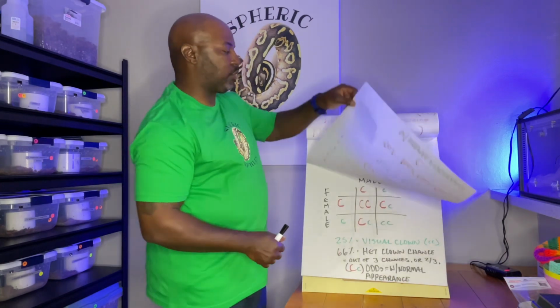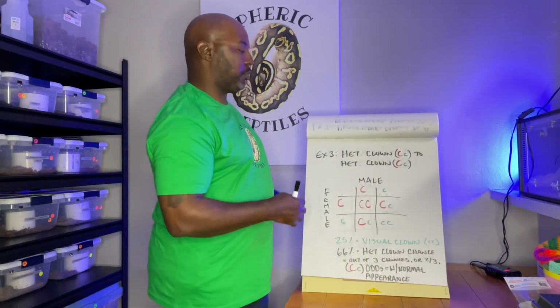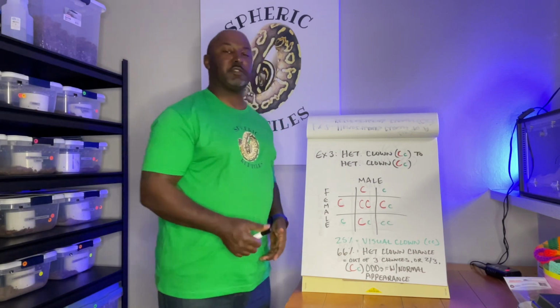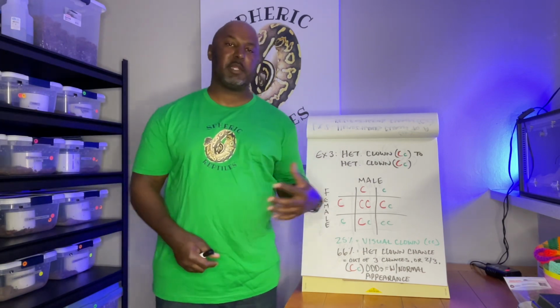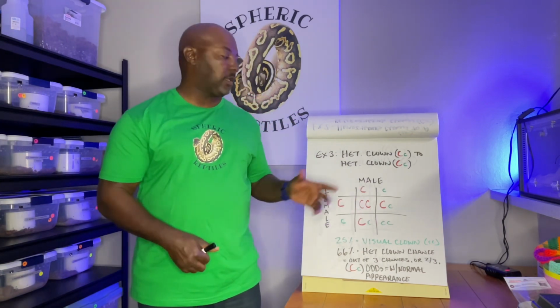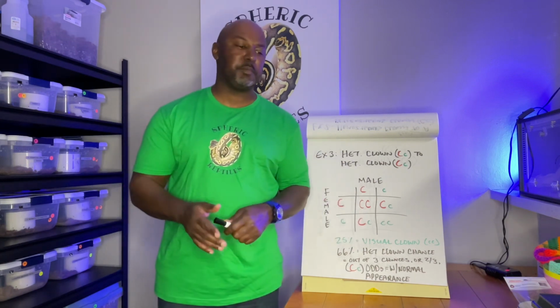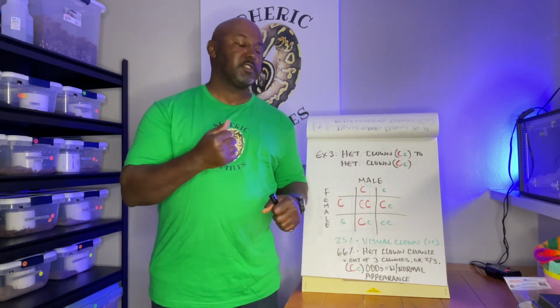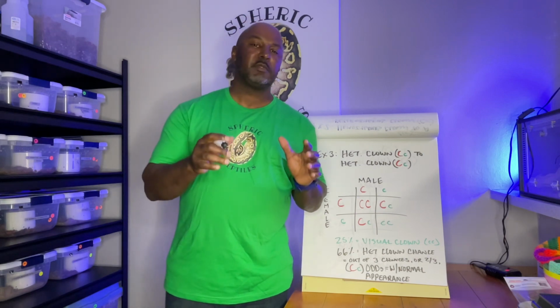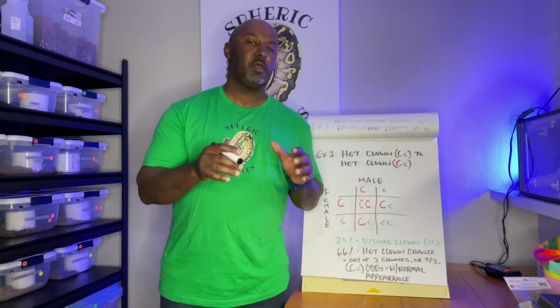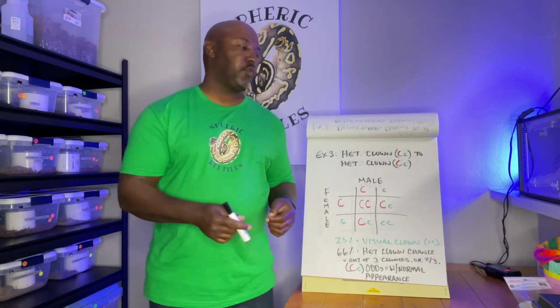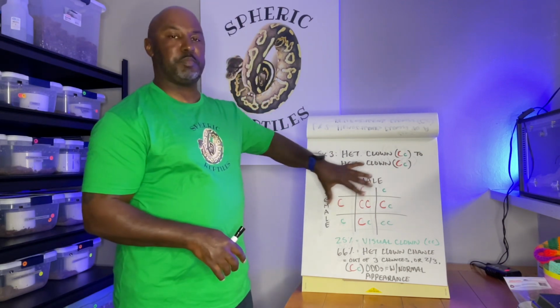Now, the way those odds would work out is if you were to breed two heterozygous parents. So it could be pied, it could be albino, it could be clown. I know I've used clown a lot, but it could be clown or any of those other things. It could be sunset. It could be any type of double recessive visual expression of a pattern morph that you could work this Punnett square out with.